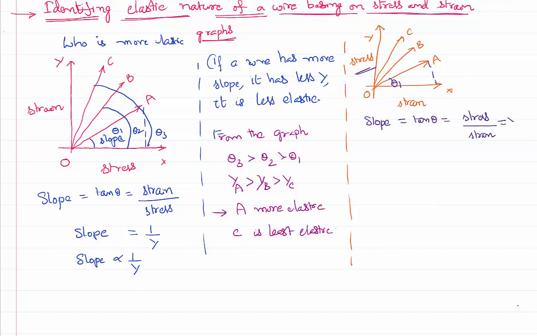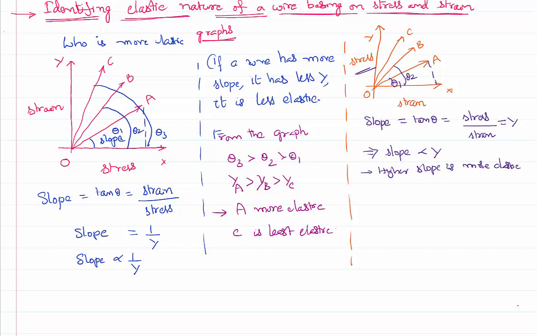So stress by strain is Young's modulus itself. So it's very clear. Slope itself is Young's modulus, or slope is directly proportional to Young's modulus. So the wire which is having higher slope is more elastic. You must have noticed it is reverse to that of the previous case.